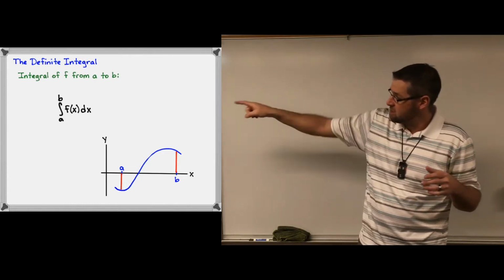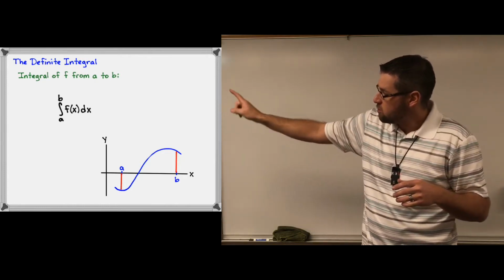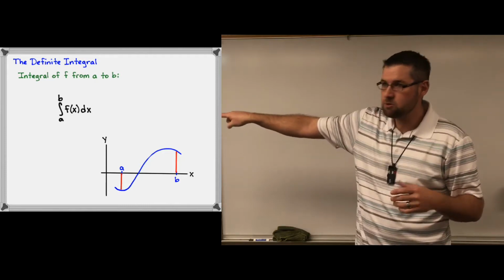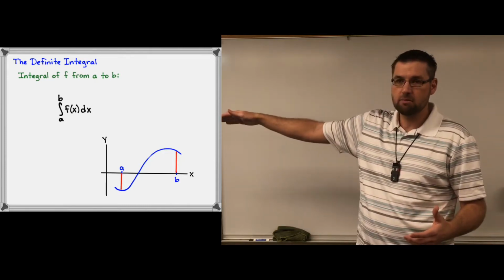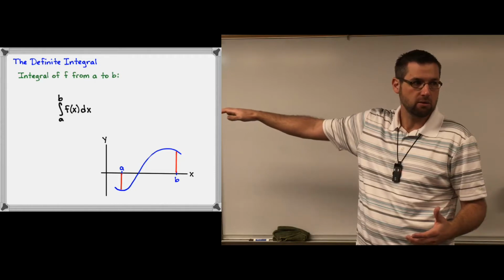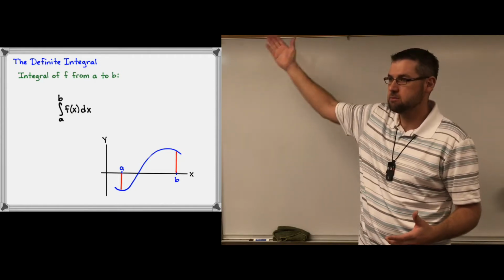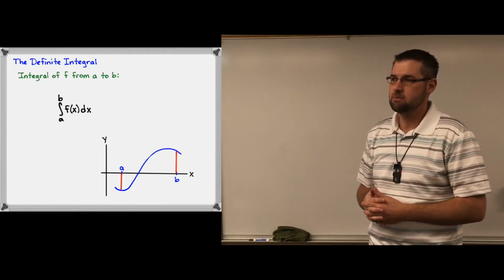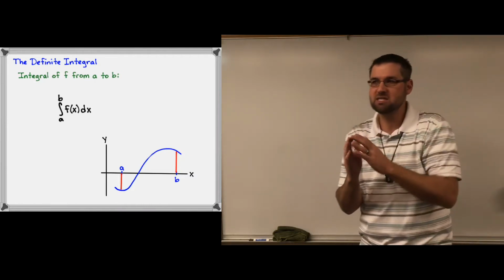So in this equation, you have the elongated S, the integral symbol. A is where? On the bottom. That's the starting point. And b is on top. That's the ending point, right? What does f of x represent? The height. And what does dx represent?